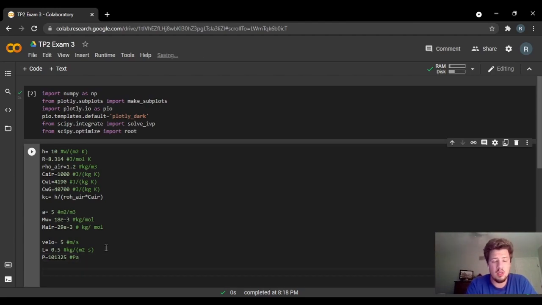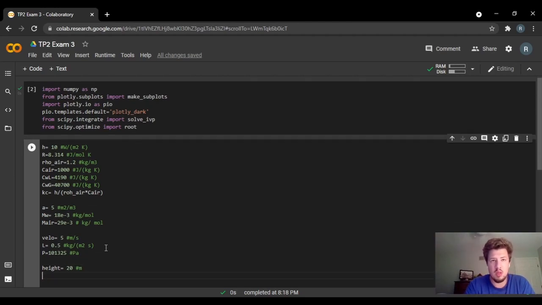We want to enter the height of the cooling tower, which was 20 meters. And then we also want to put in the feed temperature for the water.